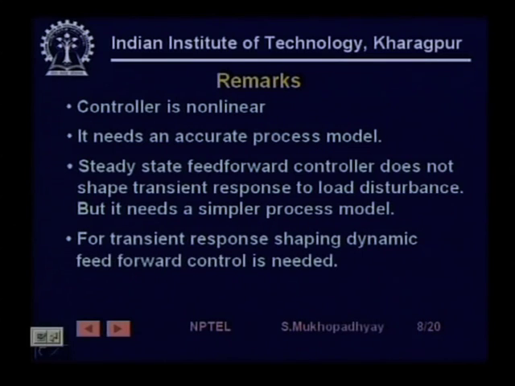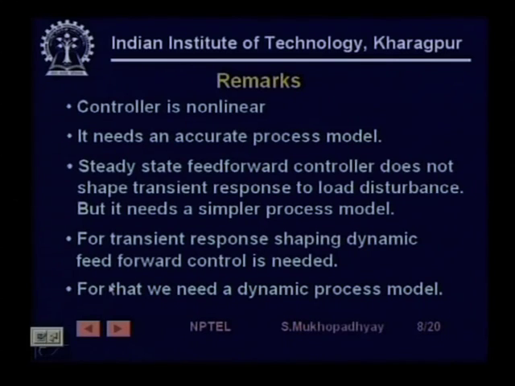If you want to really have matching even at the transient level, then you should design feed forward controllers based on dynamic models, which is even more difficult, but that is the price you pay, because you can use a simpler process model otherwise. So for transient response shaping, we need a dynamic feed forward control, for which we need an accurate dynamic model.